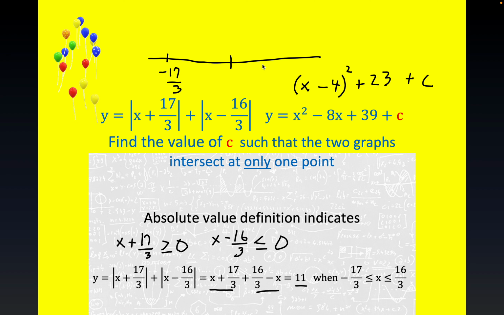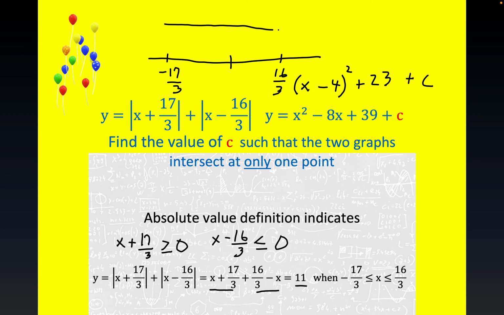And then this over here would be 16 over 3. It's so close to the same. What we know is that the graph is constantly a value of 11 from here to here. This is 11 up. Call it y equals 11; it is y equals 11 on this line segment.